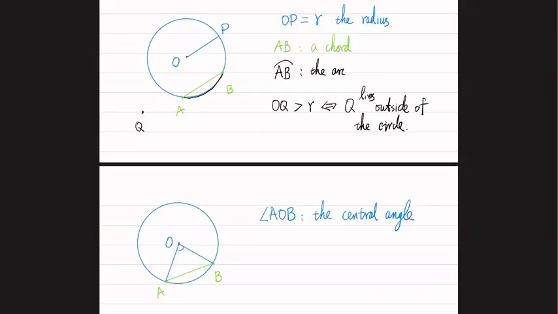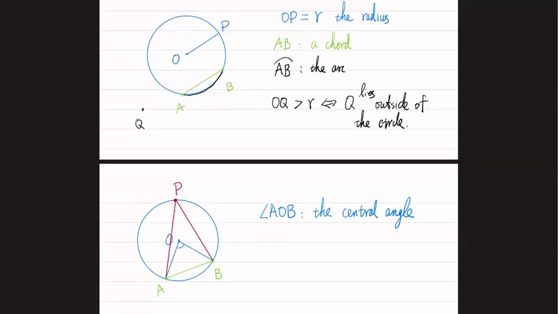Okay. Find another point on the circle. Connect the points. We get another angle. Inscribed angle.